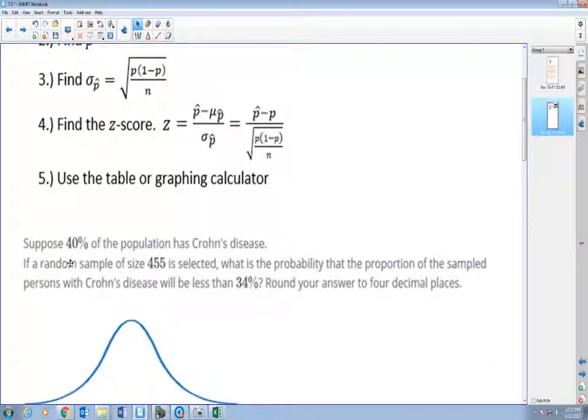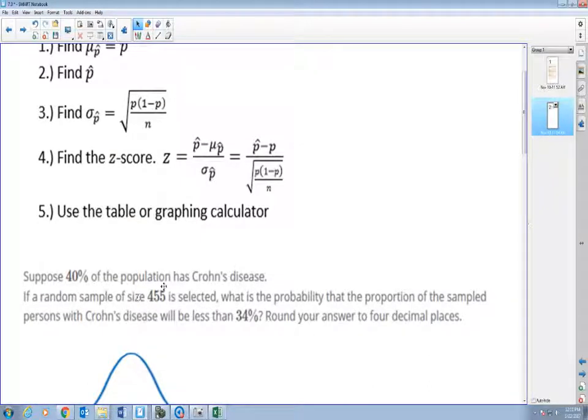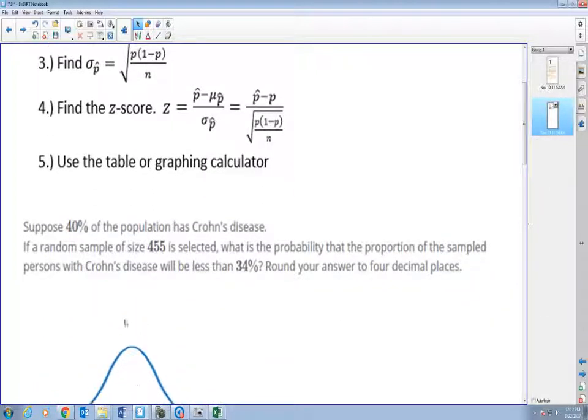All right. Suppose, for example, 40% of the population has Crohn's disease. You know, so I'm using percentage. So this 40% has got to be the mean of the population, which is the same thing as the mean of my sampling distribution p hat.